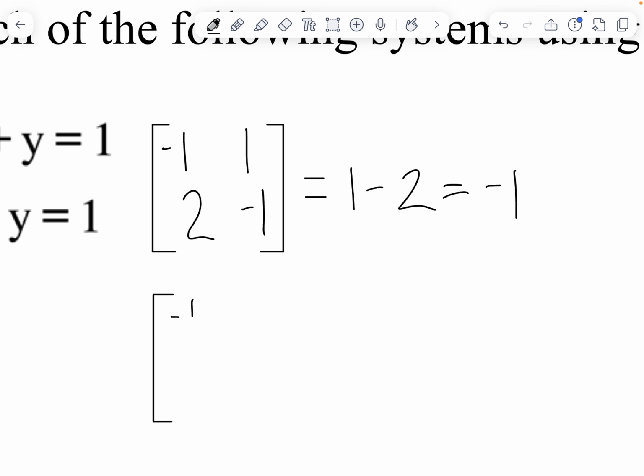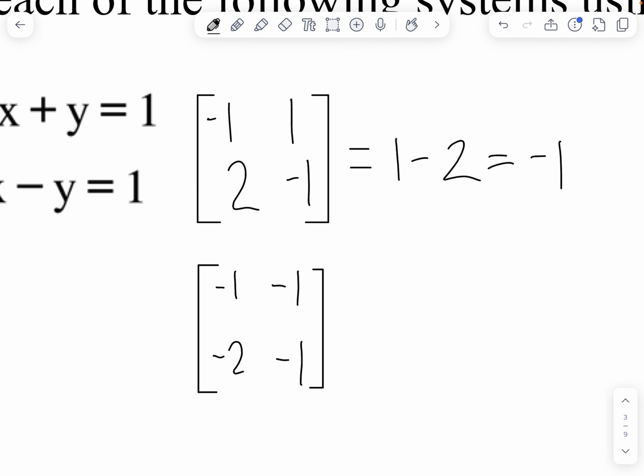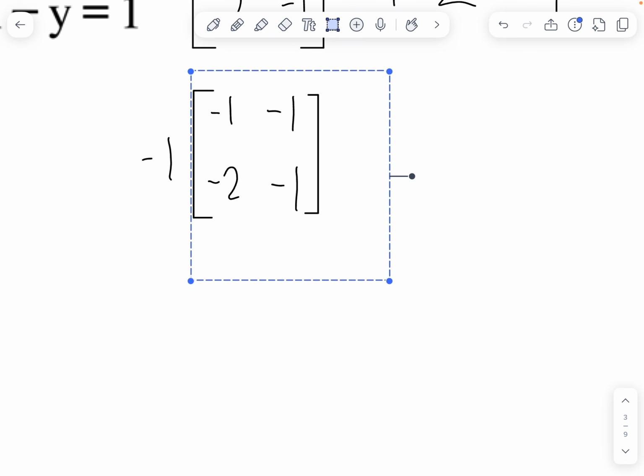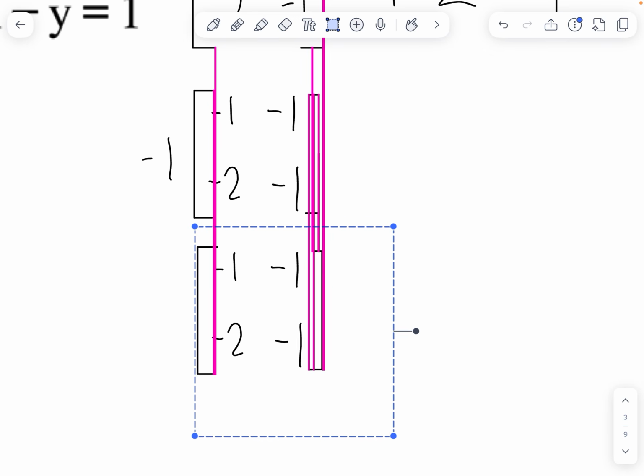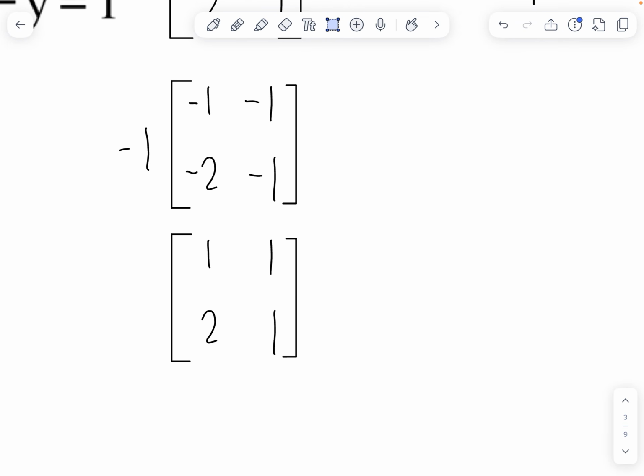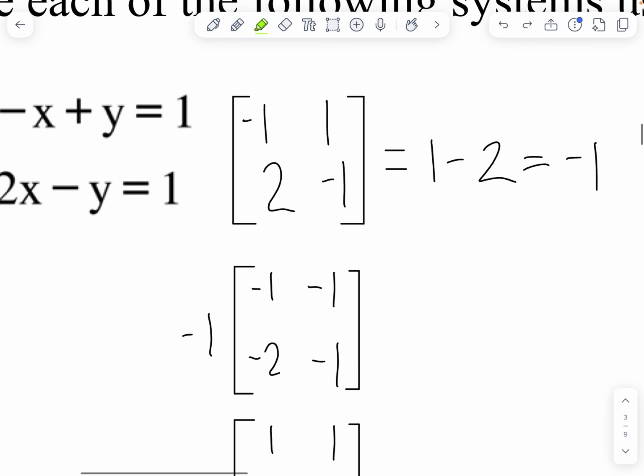So this becomes -1, this becomes -1, this is -2, and this is -1. And then we have scalar multiplication, so -1 multiplied by it. A negative and a negative make a positive, so this is just the same values as before, but all of them are positive.